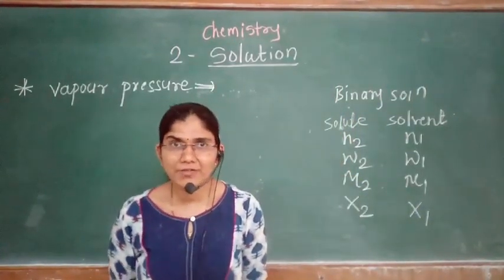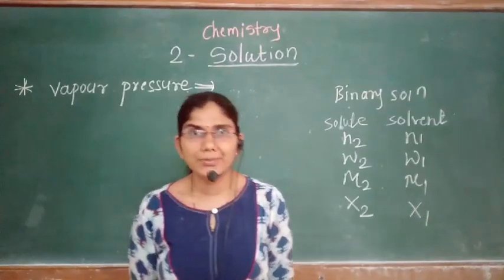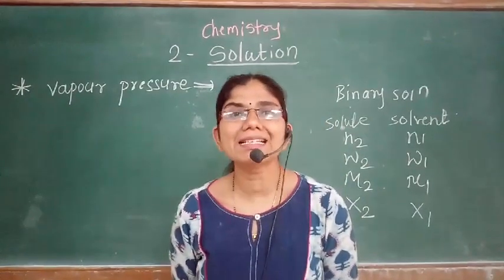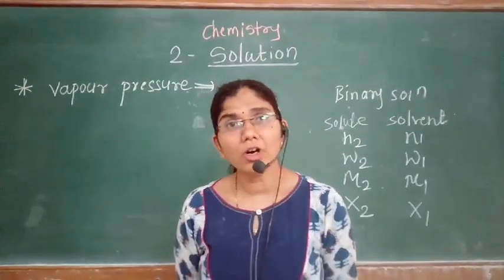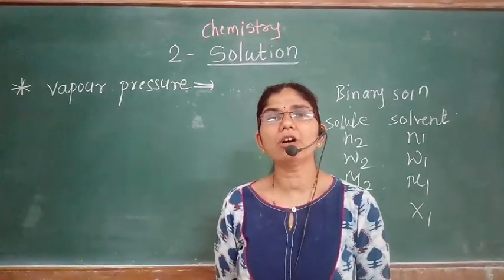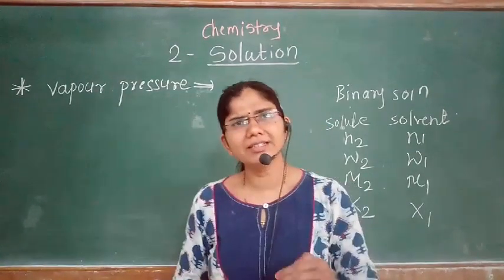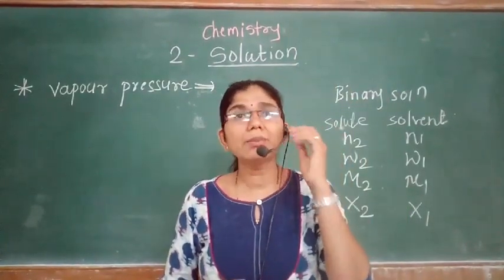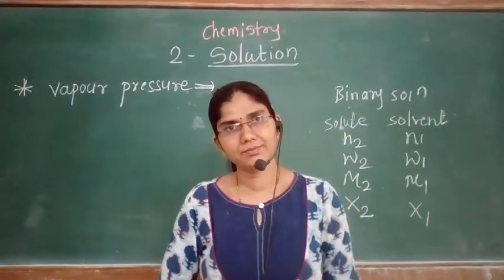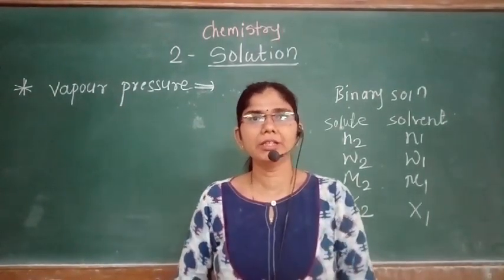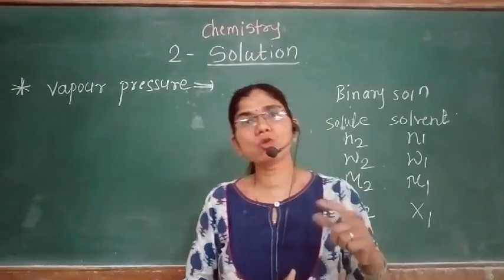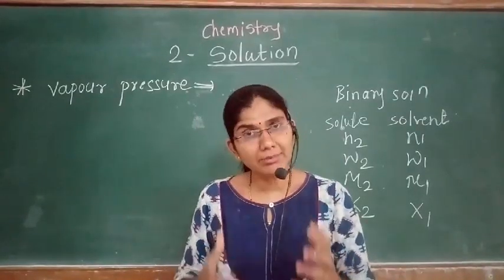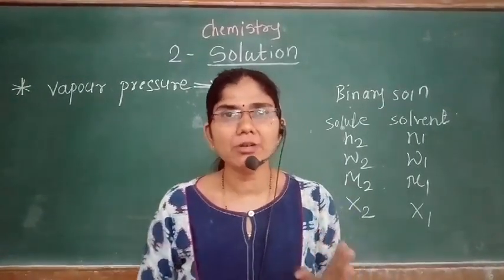All the liquids have a tendency to go into the vapor state, either by heating or without heating, that means into a gaseous state, because the vapor state is called the gaseous state of that substance.